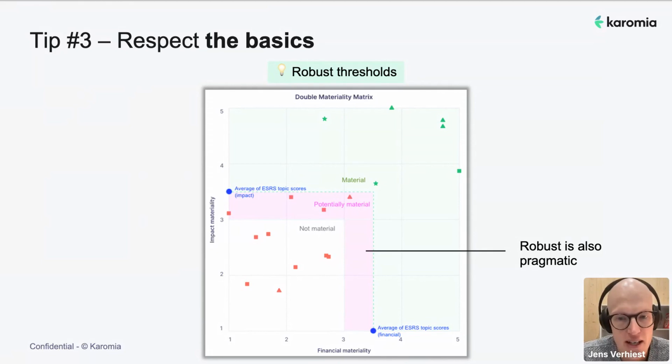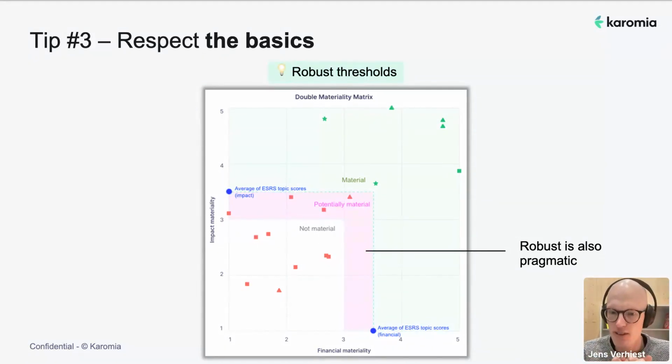those are the topics that are, let's say, close to the border, which, well, if it was interpreted a bit differently, might be material, but could also be validly not material. So there, what we advise is to apply sound judgment, to really look at the data that was collected, look at the comments that people have left, like how did they interpret the question?